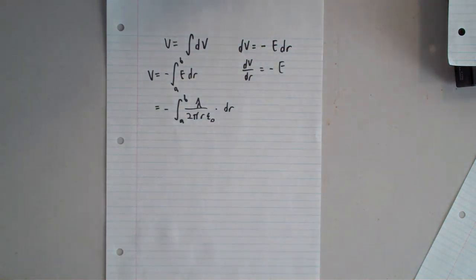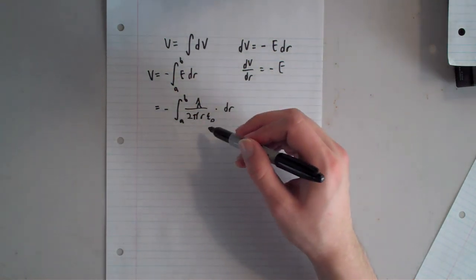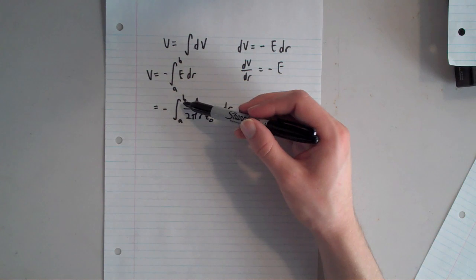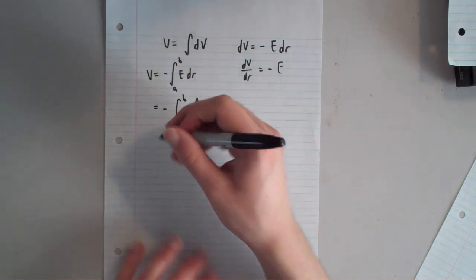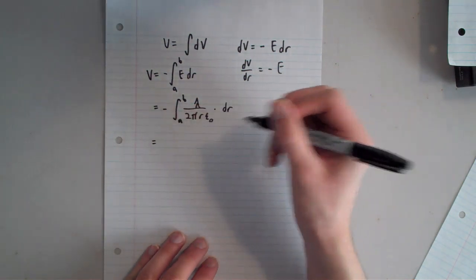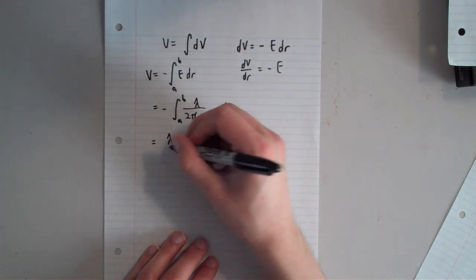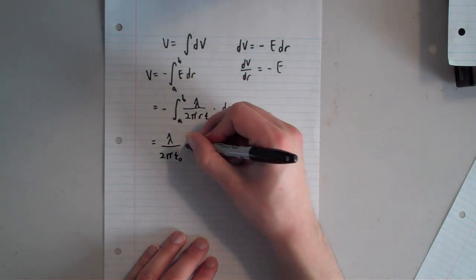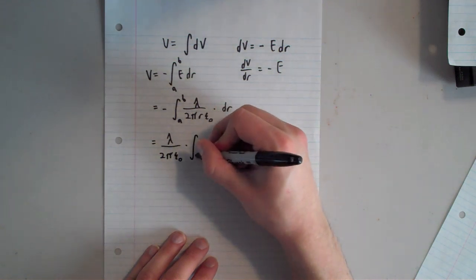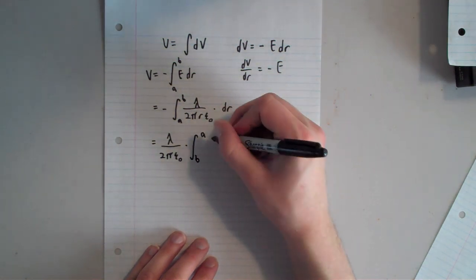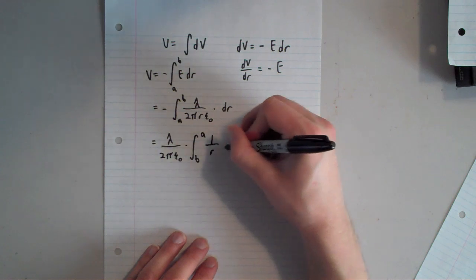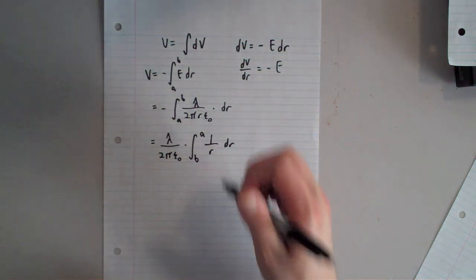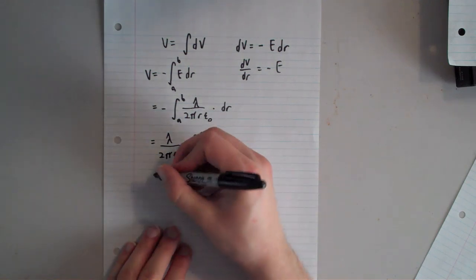Okay, now in this next step I'm going to take out all the constants I can, and I'm going to cancel out that negative by taking that away and switching the limits of integration. So we get lambda over 2 pi epsilon naught times the integral from B to A of 1 over r dr. Cool. So the integral of 1 over r is natural log.